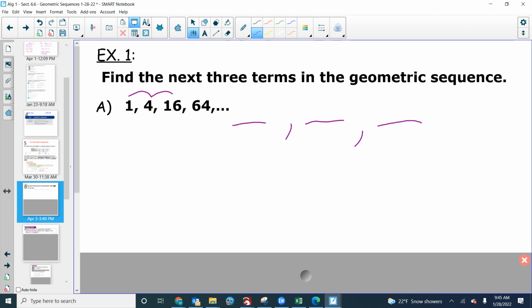Now, guys, this is common sense. Obviously, our common ratio is 4, so the numbers are obviously going to get bigger.